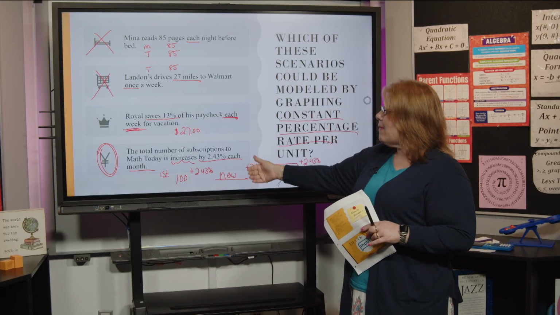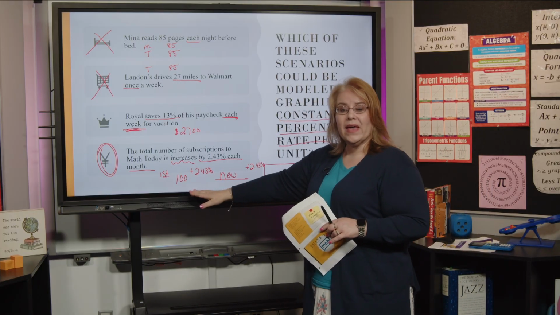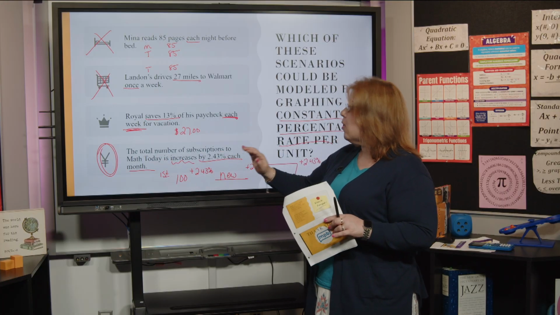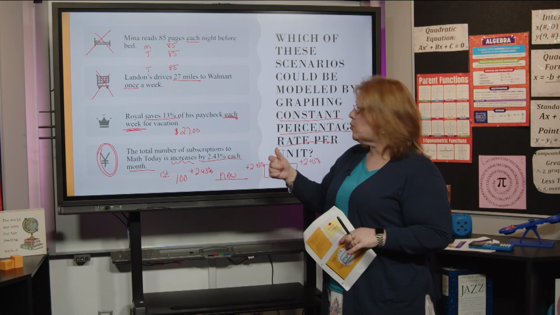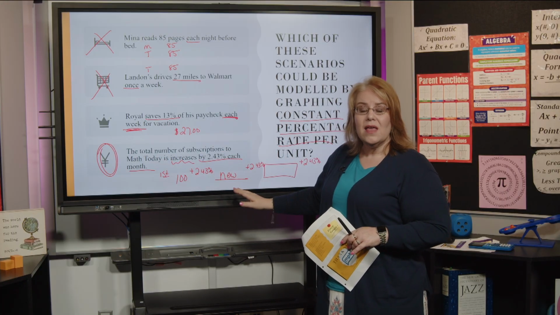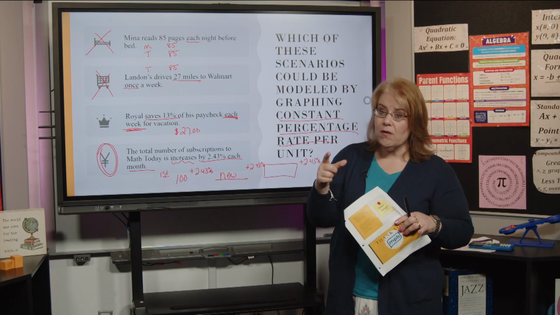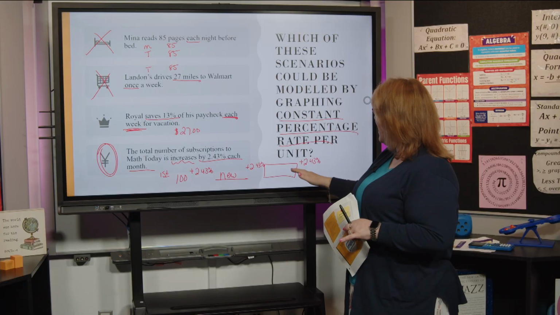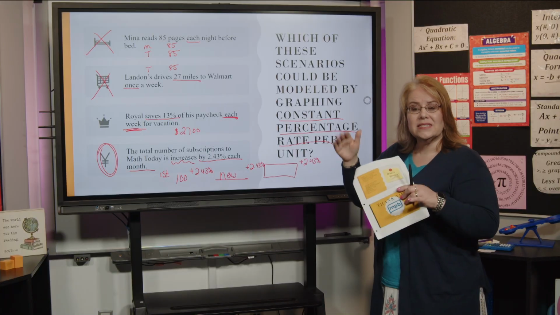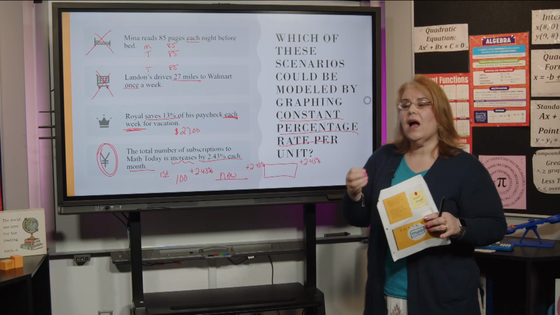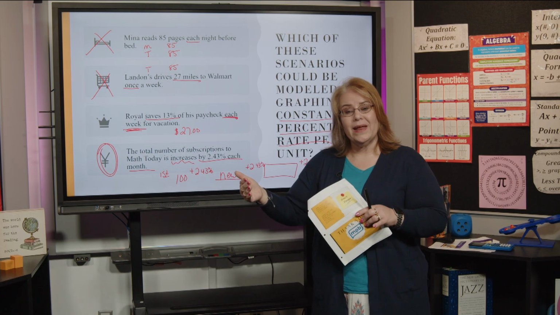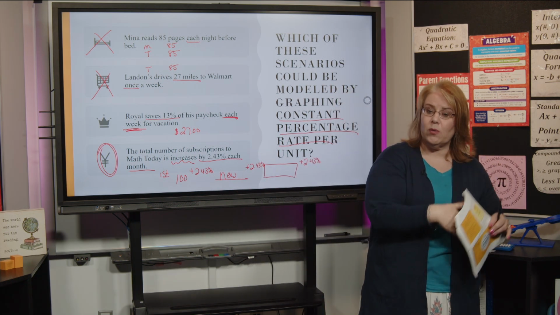Now, with Math Today, I'm going up from 100, I'm rising or increasing 2.43, and I get a new amount. Then I take that new amount and I get 2.43 of that new amount to go up. And then I get a newer amount. And see how I'm doing that? So depending on what my next point is, depends on what my previous point is.